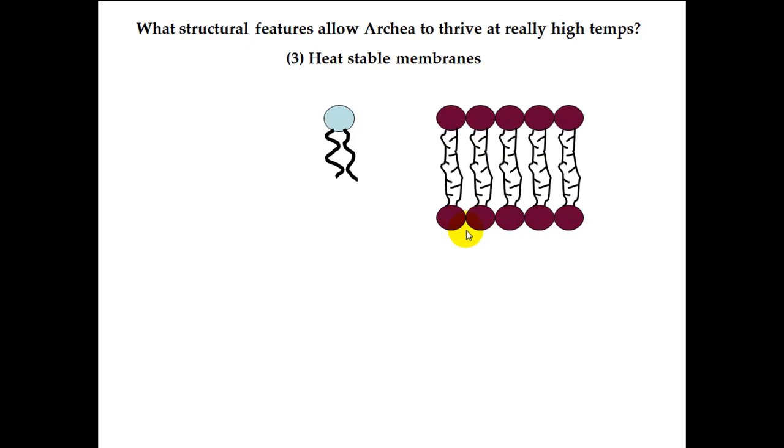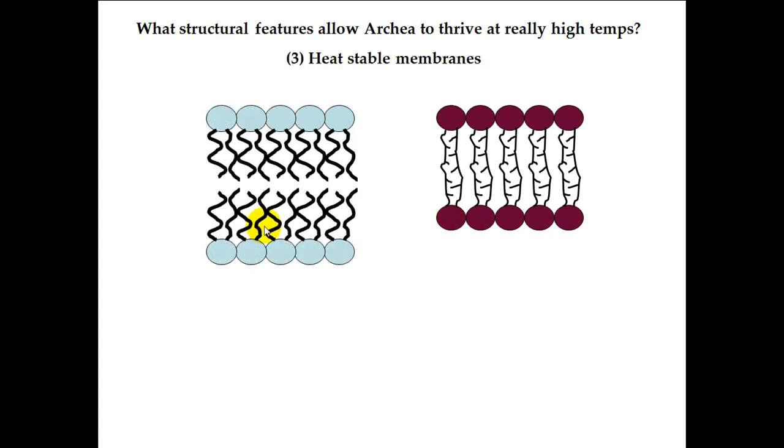If you contrast that with the phospholipid bilayer that makes up the membranes of most other cells, you'll see that this is a lot more difficult to rip apart in hot temperatures, because there are actual physical connections between the head regions of the molecules.